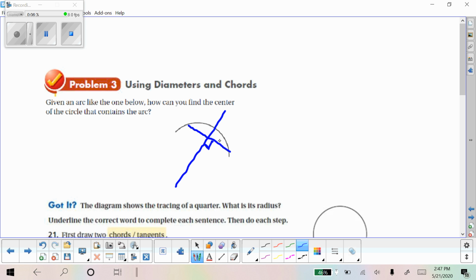So I'll make little marks here to show that I did that. Let me draw this next one in red. So what if I did that again? Let's say I picked two new points, drew in the chord, drew in the perpendicular bisector of that chord. So with a compass we could do this, but we're not going to use a compass online. And since those are both diameters, the one point that they should have in common is the center.